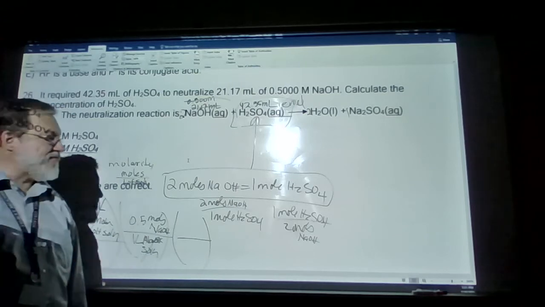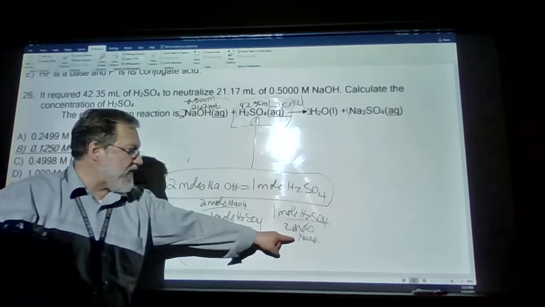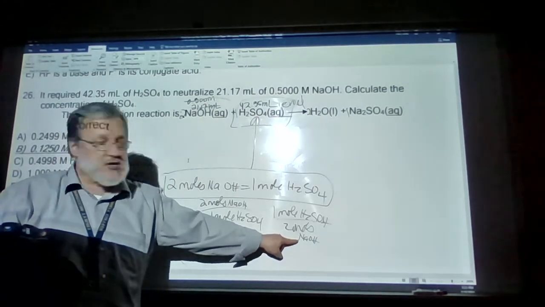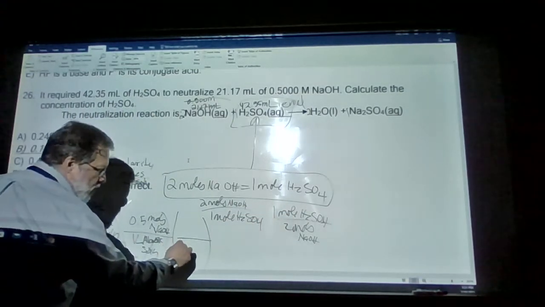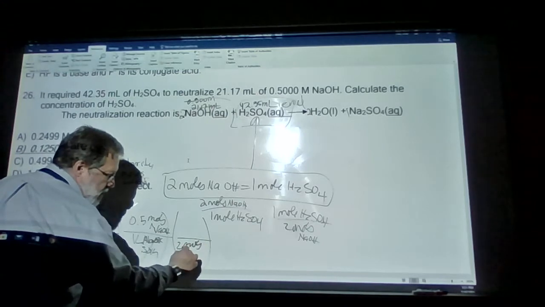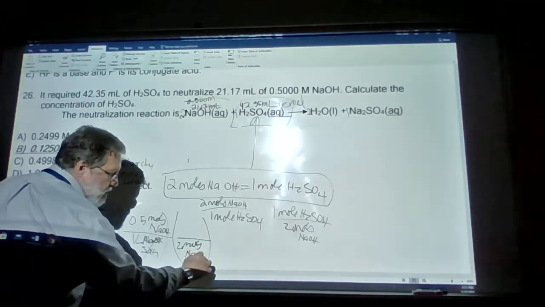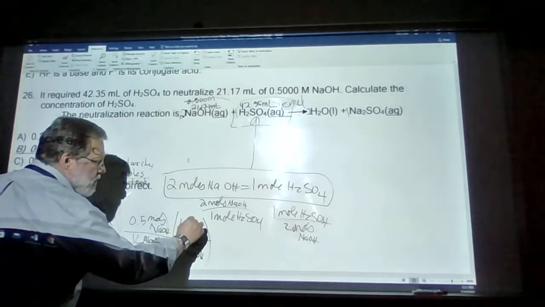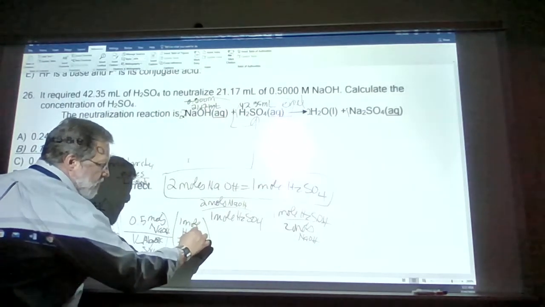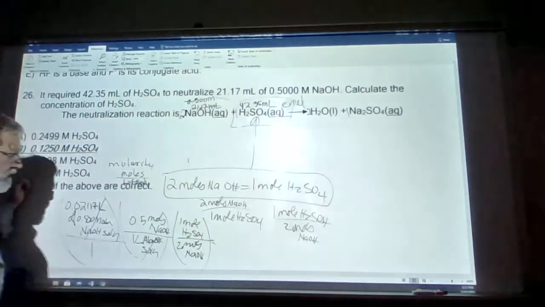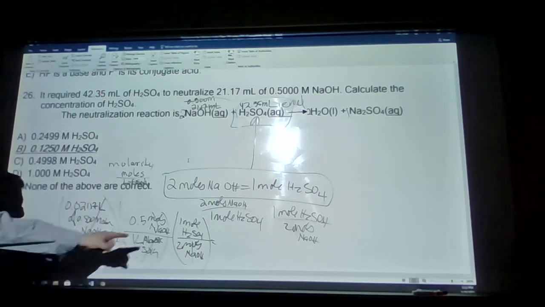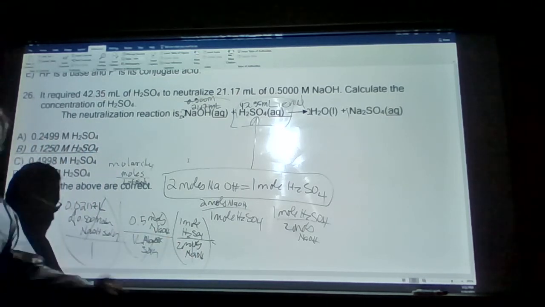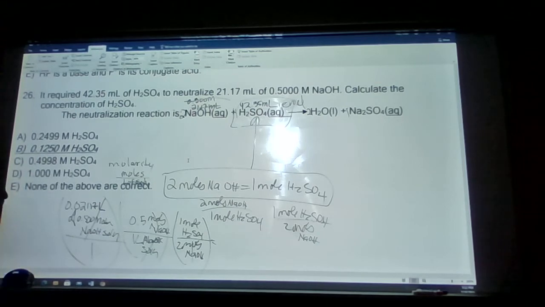So we want that form that starts at moles of NaOH and ends up at H2SO4. So we have 2 moles NaOH, 1 mole H2SO4. Moles NaOH cancel. What units are we left with? Moles of H2SO4.